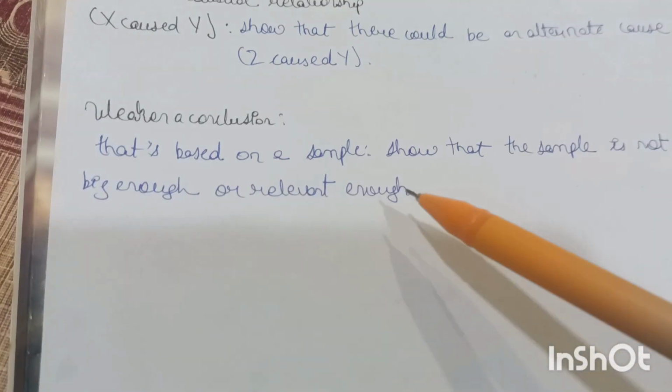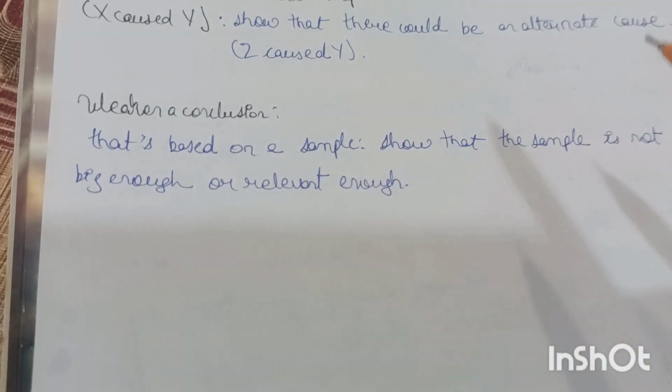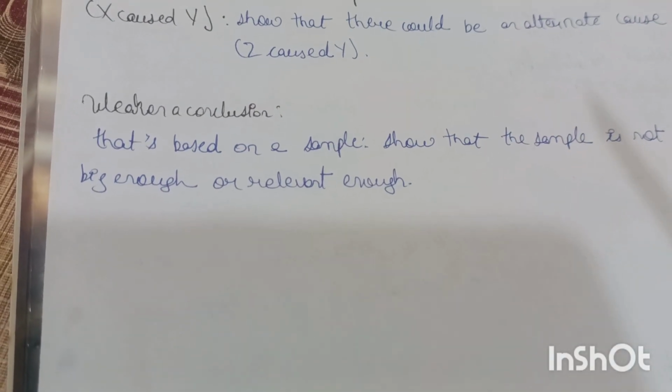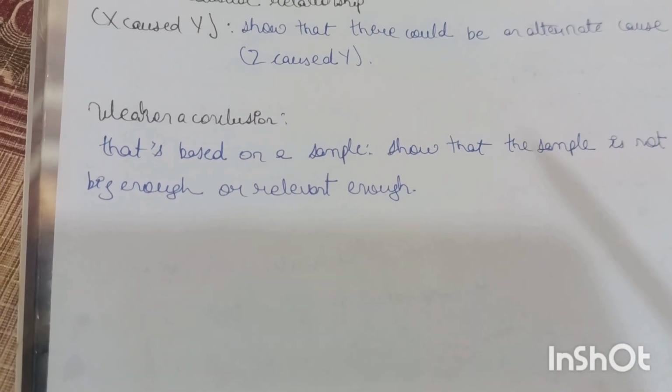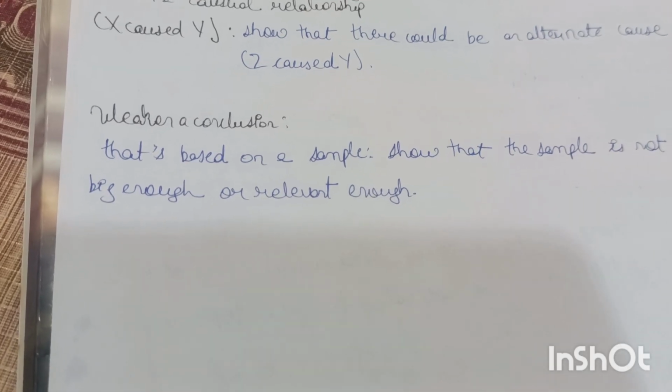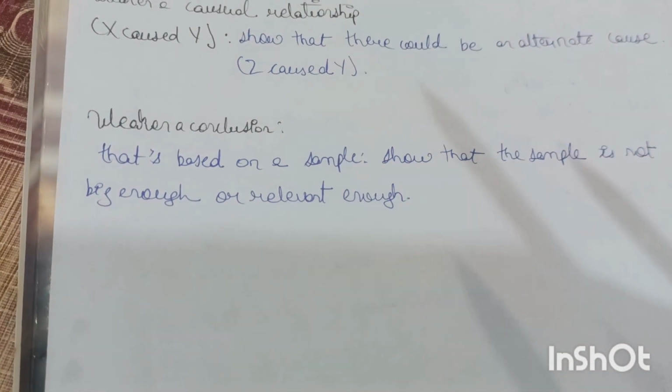Those statements that are not relevant to the passage, or not big enough to show that the conclusion and the statement are related to each other, will be the correct statement for weakening the argument.